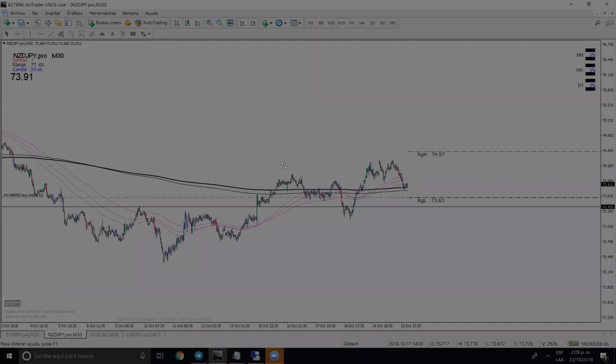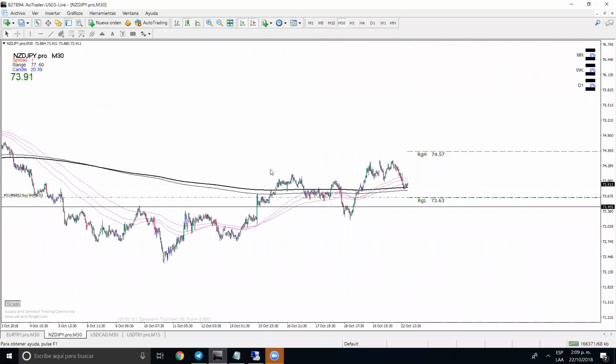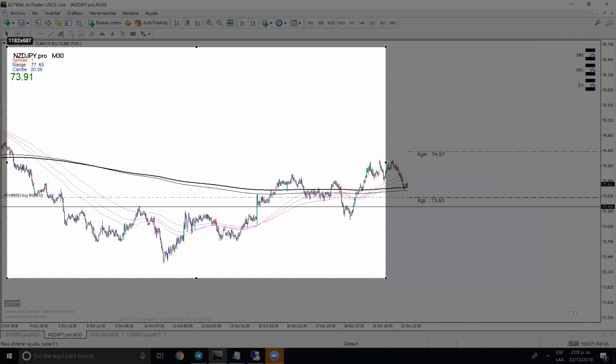In this chart, we have those items. Let me explain.